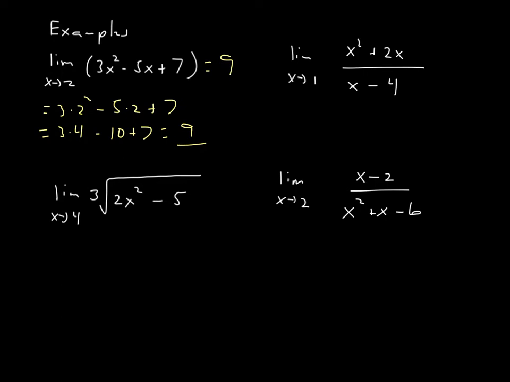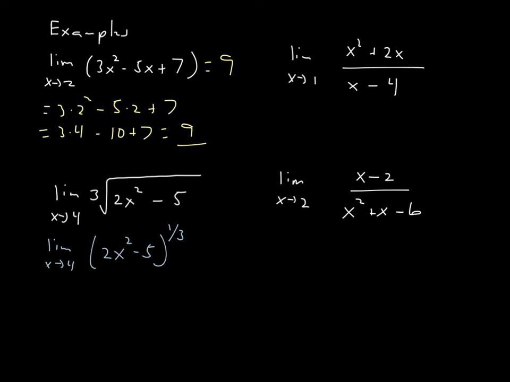Let's look at the second one. The limit as x approaches 4 of the cube root of 2x squared minus 5. Well, one thing I can do, I can keep in mind that that particular problem would also be the limit as x approaches 4 of 2x squared minus 5 to the 1/3 power. And so we can plug in 4 on that one.